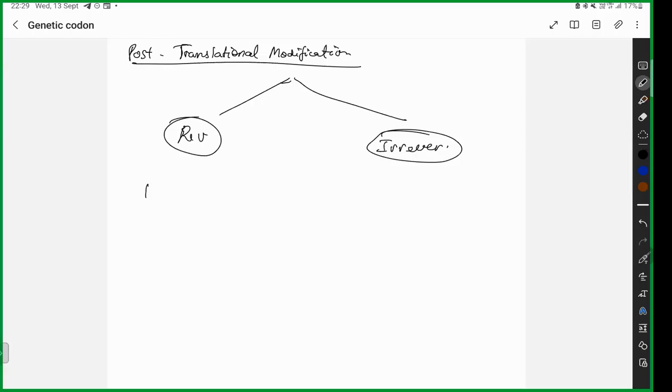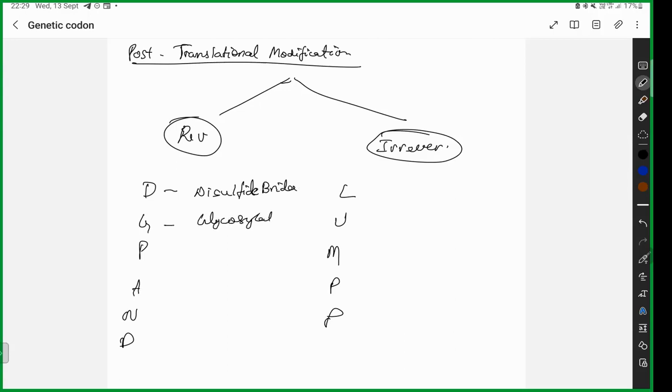I usually remember it like this: DGP and lump. D stands for disulfide bridge, G stands for glycosylation, and P stands for phosphorylation.